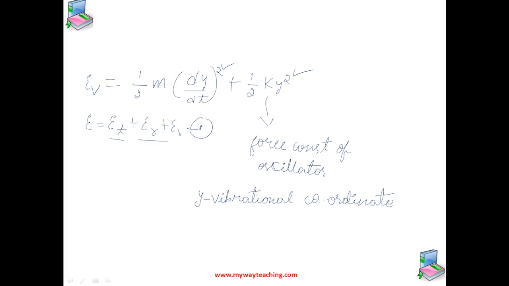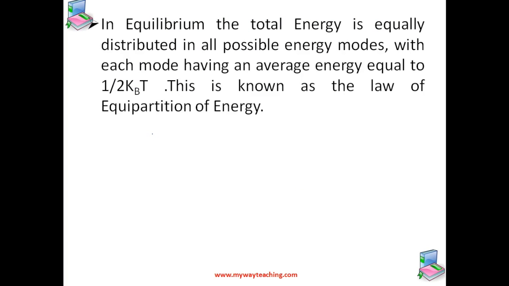In thermal equilibrium at absolute temperature T, for each translational mode of motion, the average energy is equal to 1 by 2 kB into T. A most elegant principle of classical statistical mechanics states that this is so for each mode of energy, that is translational, rotational, and vibrational.